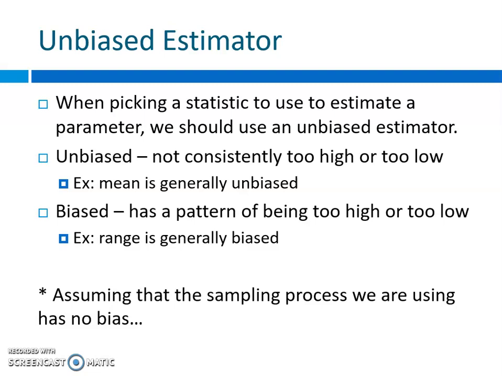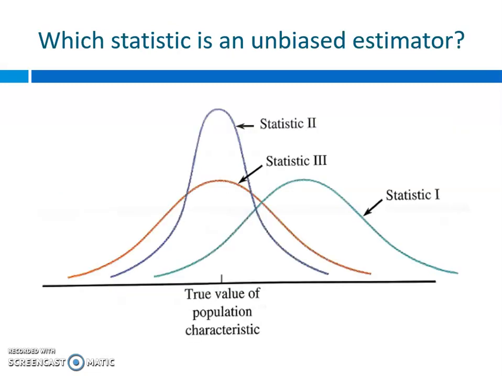And this is assuming that the sampling process we are using has no bias. All right, so assuming that whatever we're doing to get the data, there's no bias there, that's what we're going with. So if down here we see this is the true value of the population characteristic, which statistic is unbiased?